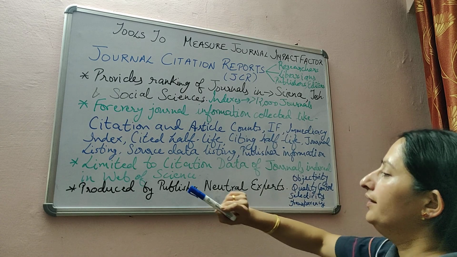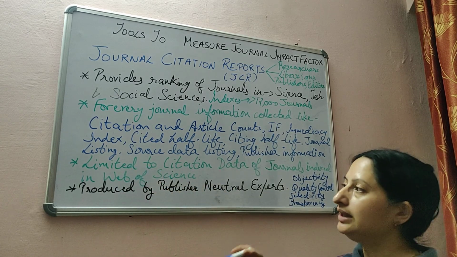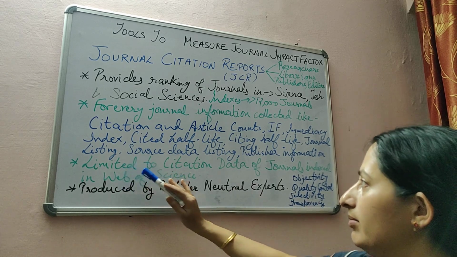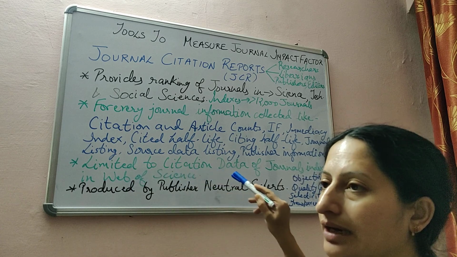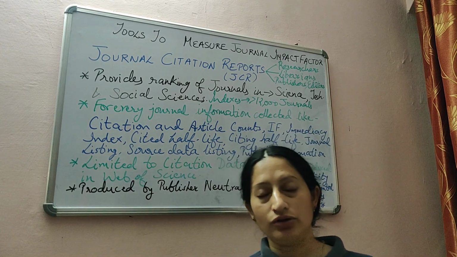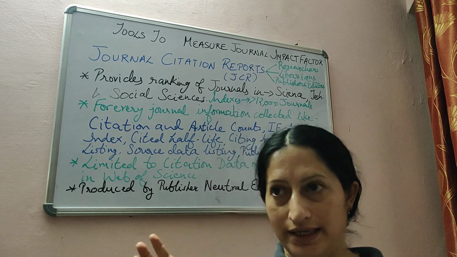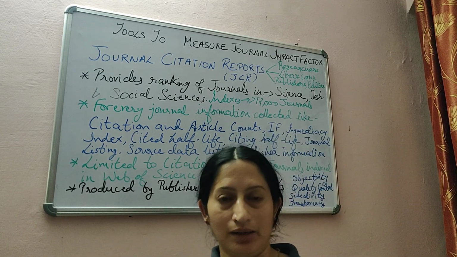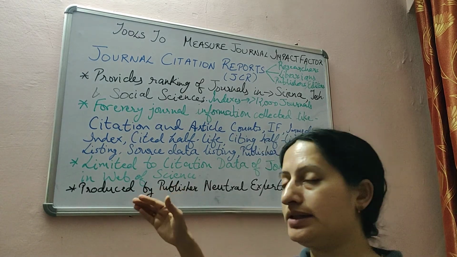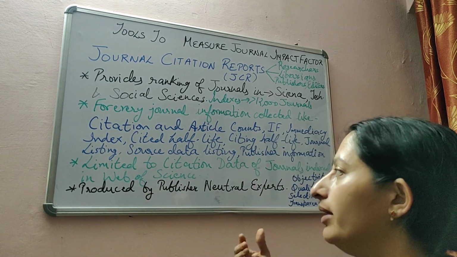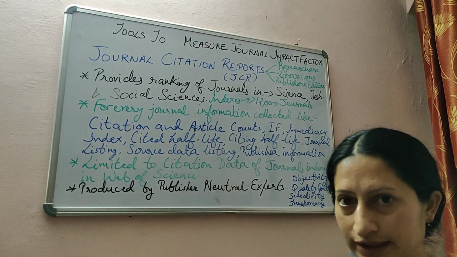But it has a limitation: it is limited to citation data of journals which are indexed in Web of Science. I have taken a class on Web of Science, a citation database; you can understand from my video exactly what it is.